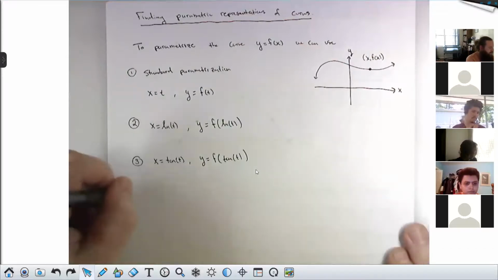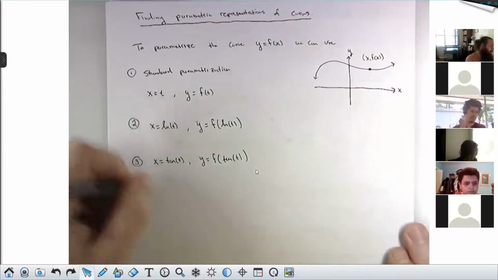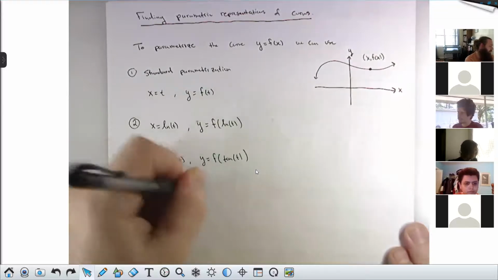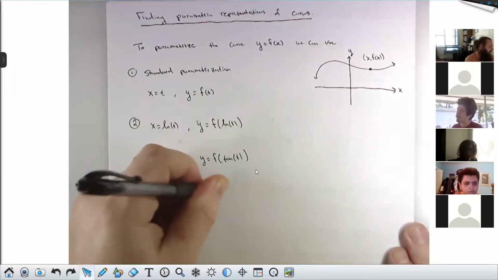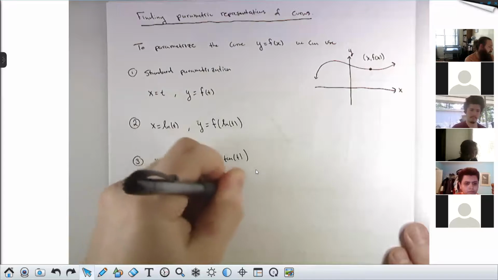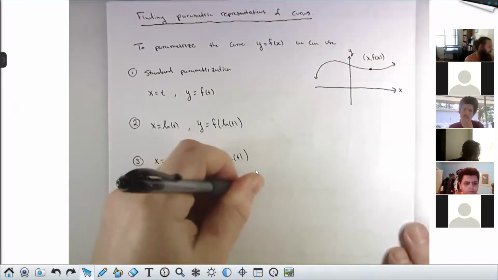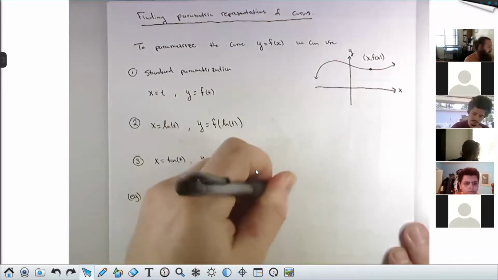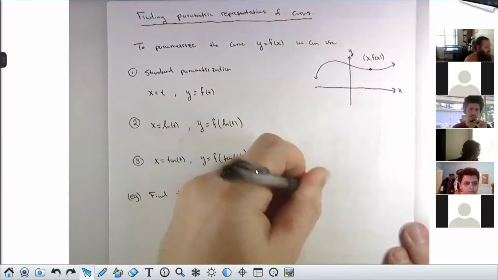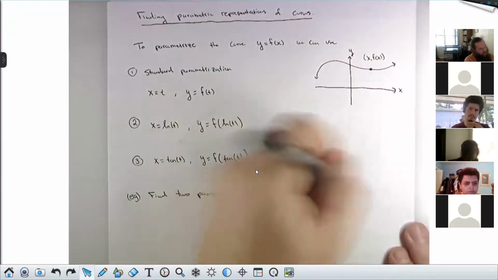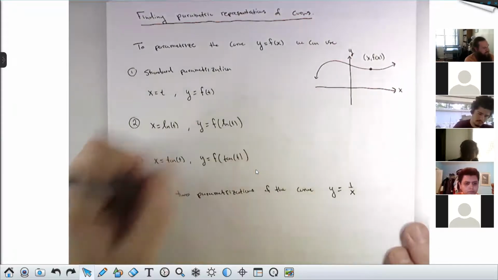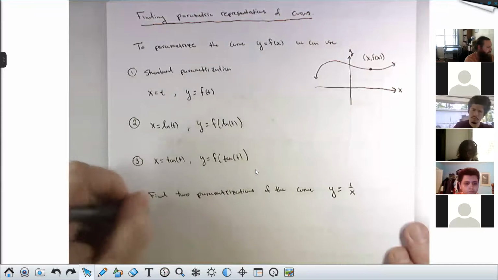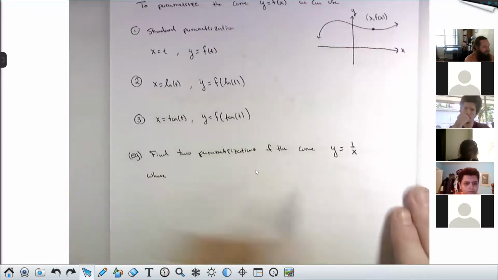Quick example. Find two parametrizations of the curve y equals 1 over x. And let's specify some particular piece of this curve.